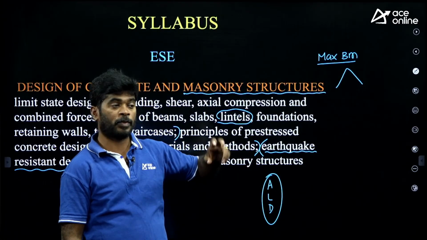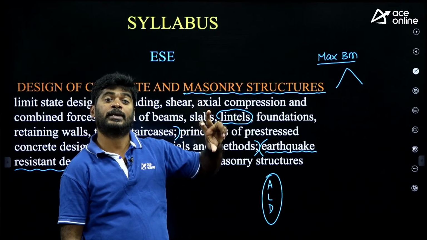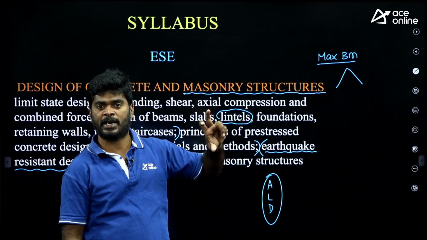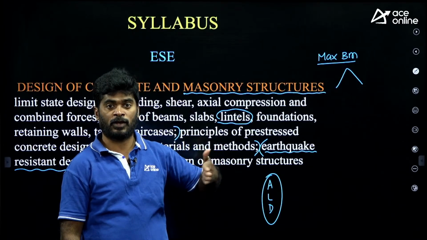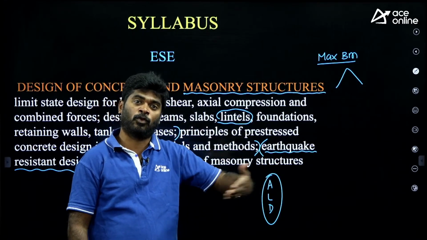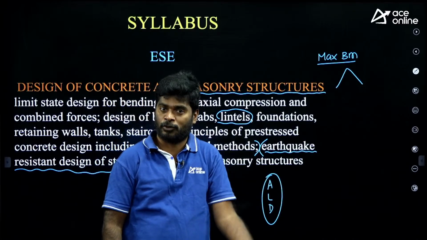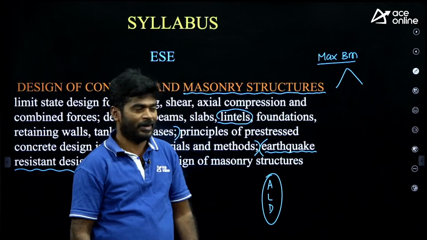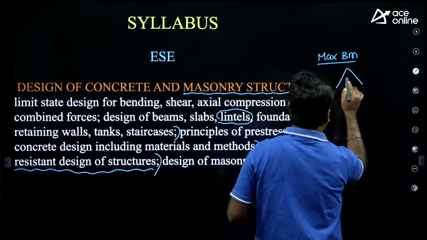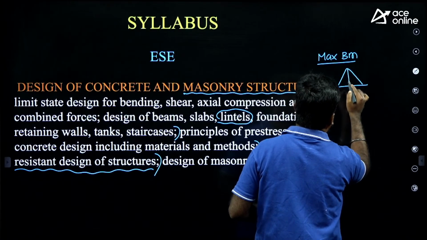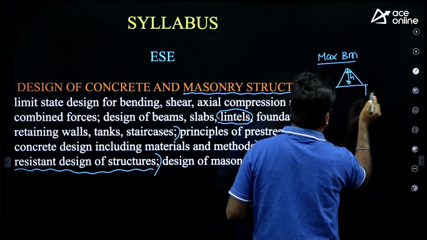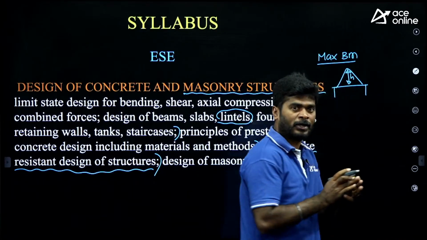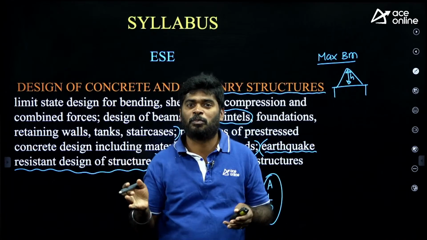Based on that opening, we can calculate the height of the imaginary triangle, based on the width of the opening, because from the width of the opening we can find the effective span. Okay, right. This is the arch. See, this height we want, that is small h. This height depends upon the effective span. Effective span depends upon the width of the opening.